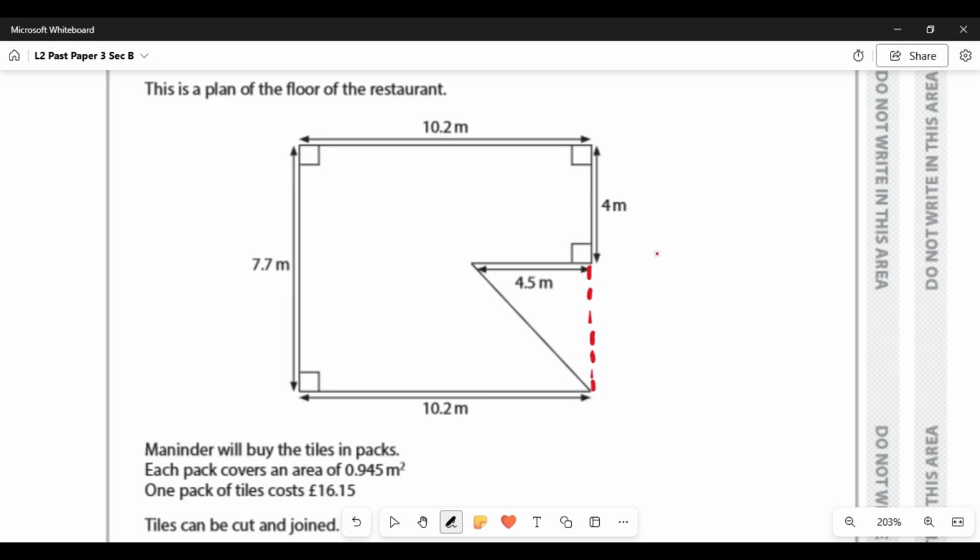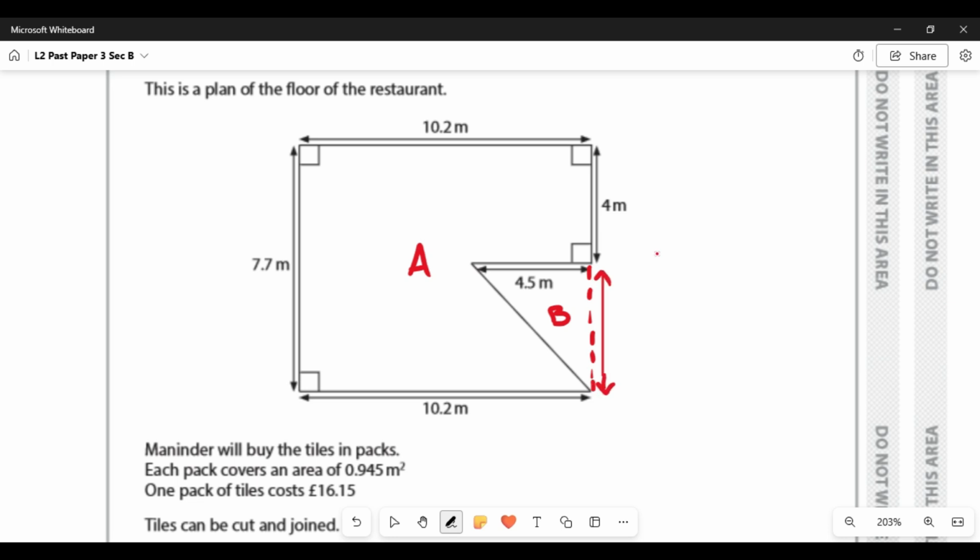Let's call the whole shape A, and let's call this triangle shape B. Okay, so I'm going to need the base, which is that, and the height of the triangle, which is technically this length here.